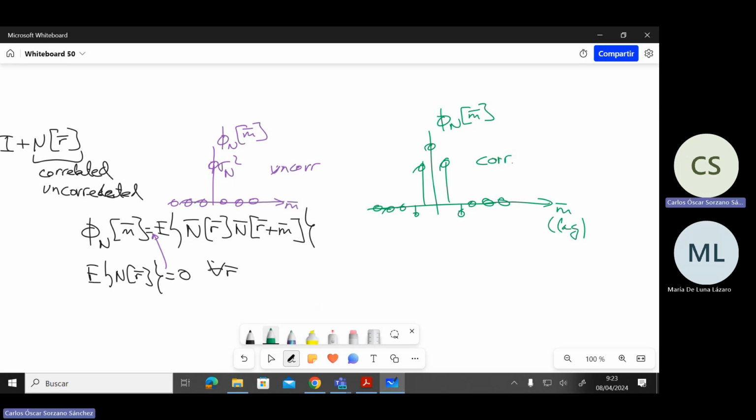Correlated noise means that if you give me the noise value at a given point, I can tell you something about what the value will be at other points. I cannot predict exactly what the noise will be, but I can tell you more or less the region where it will be. For uncorrelated noise, I cannot. You give me the noise value at a given pixel, and I don't know what the noise value will be in any other pixel. Let's see a difference.